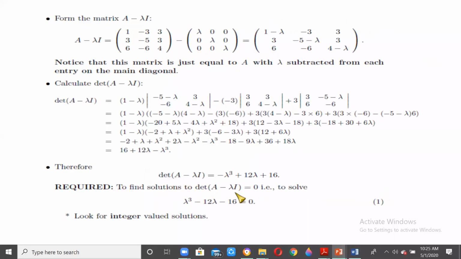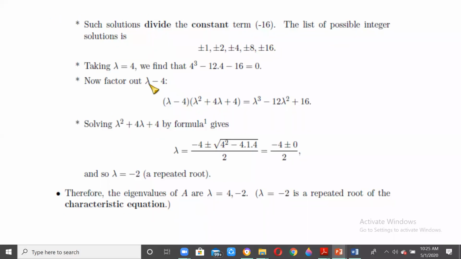So you can divide lambda cube minus 12 lambda minus 16 by lambda minus 4. Then you will get lambda squared plus 4 lambda plus 4.